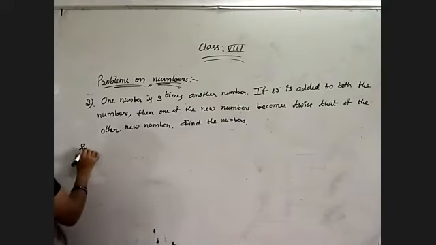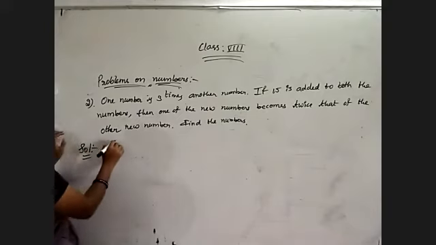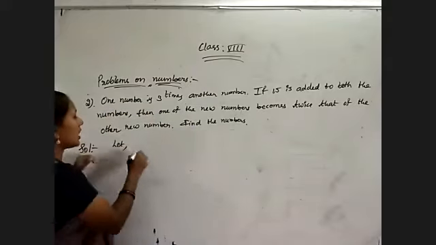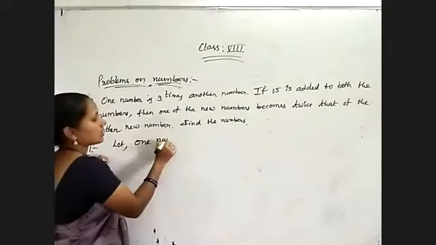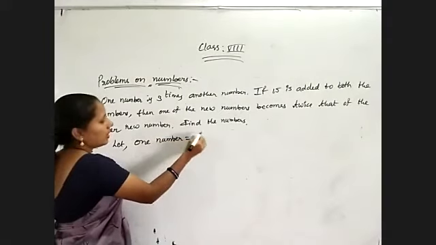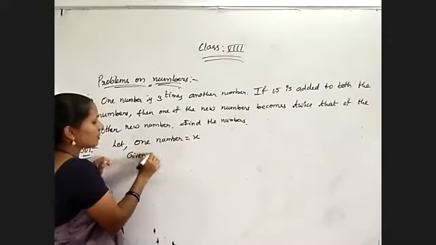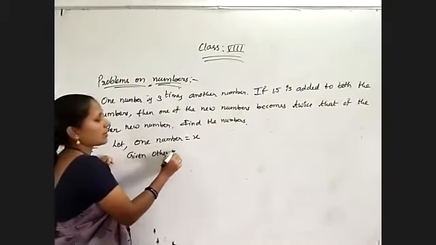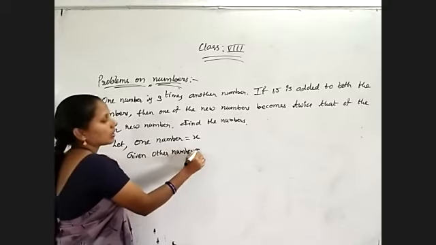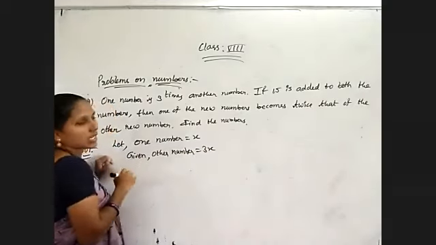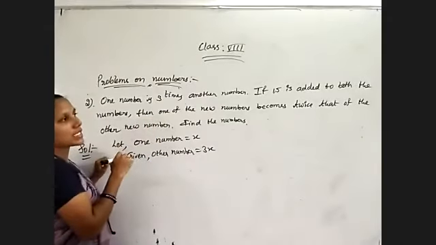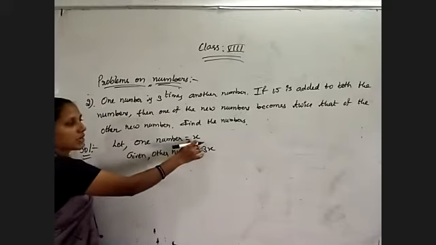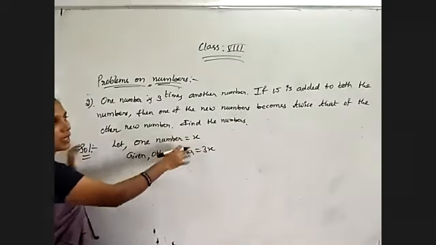So now just observe. Let one number be x. Given that one number is 3 times another number, the other number will be 3 times the first number, that is 3x. Now if 15 is added to both the numbers, that is x plus 15 and 3x plus 15, those are the new numbers.